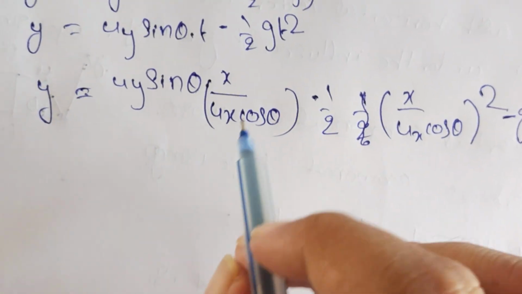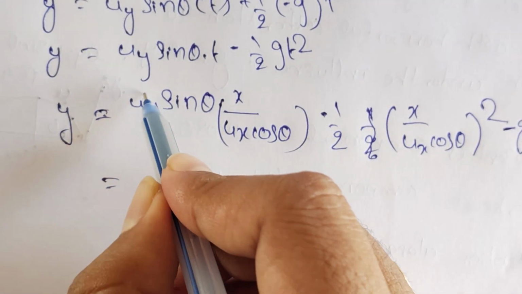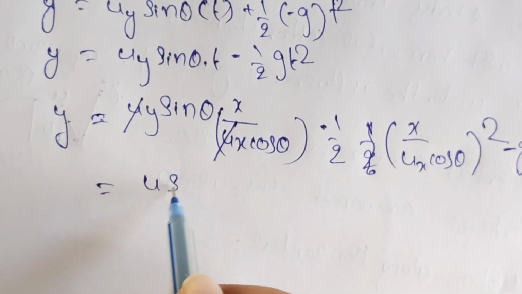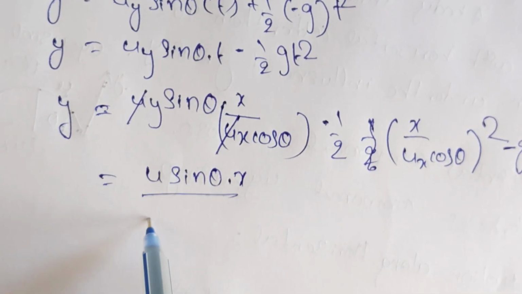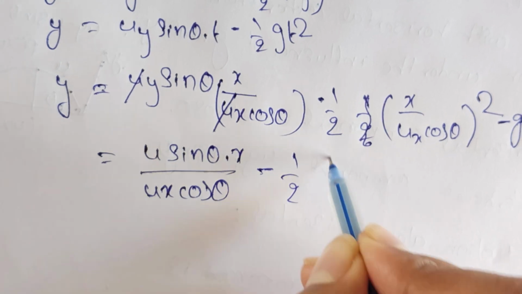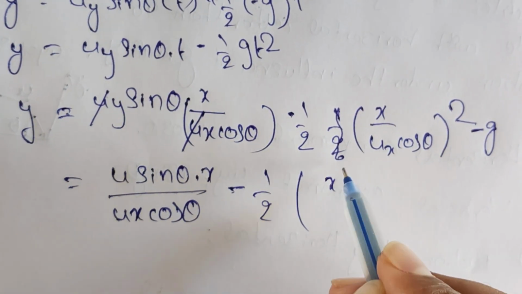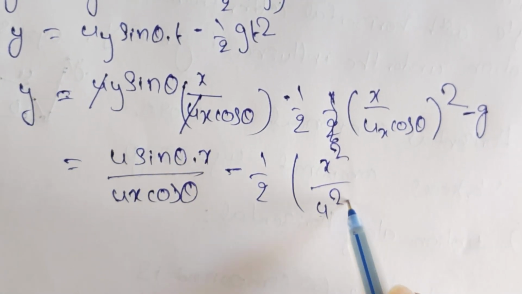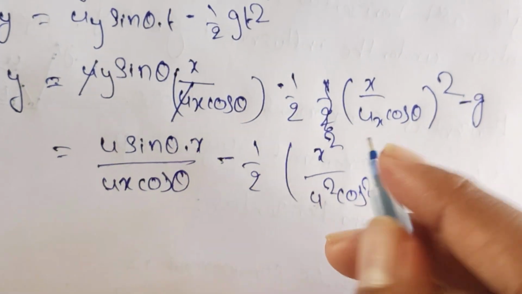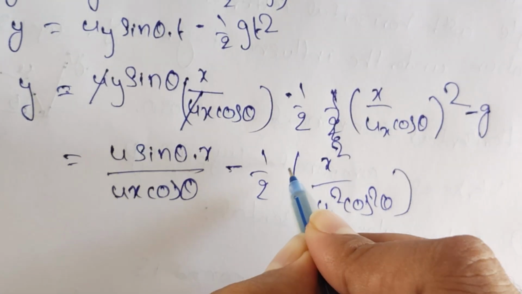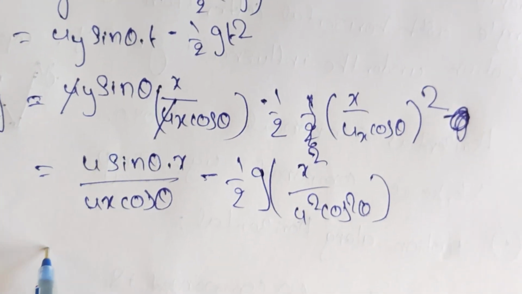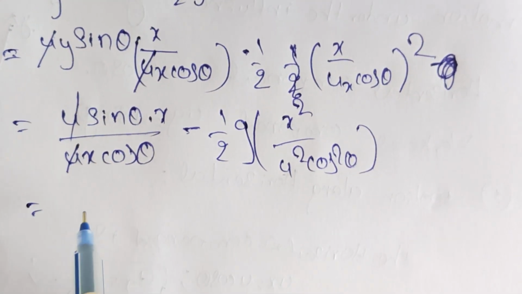So this is the expression we get, and u will be cancelled, because u sin theta into x by u cos theta, minus 1 by 2, becomes x square by u square cos square theta, because the square applies to both numerator and denominator. Now we get g. So u will be cancelled.